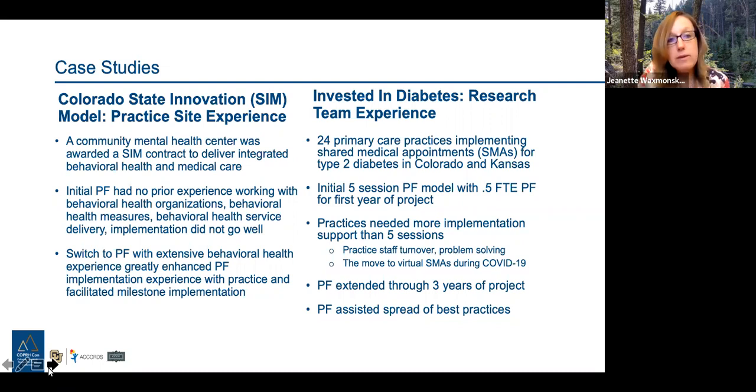So in this very large statewide study, there were 4 mental health centers and up to, I think, 400 primary care practices that were involved in implementing an integrated behavioral health, integrating behavioral health into their practice.